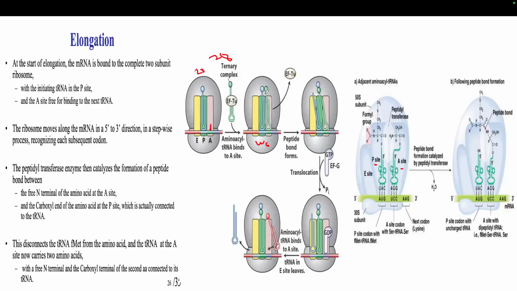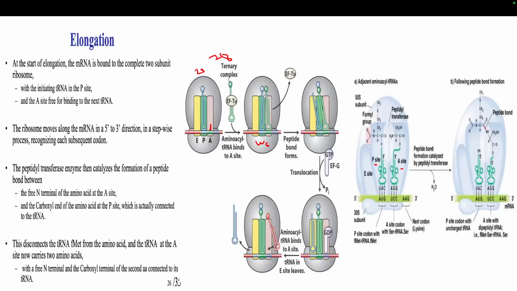After peptide bond formation, the first tRNA will move to the E site, and the P site is now free, and the A site is having 2 amino acids. The second amino acid is now bound with its tRNA, which is still attached to this amino acid.